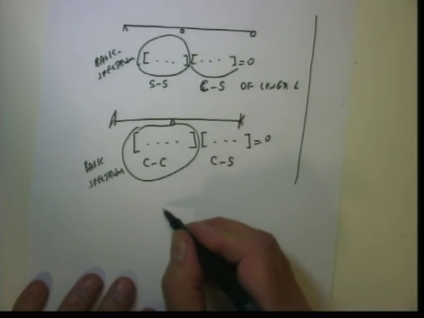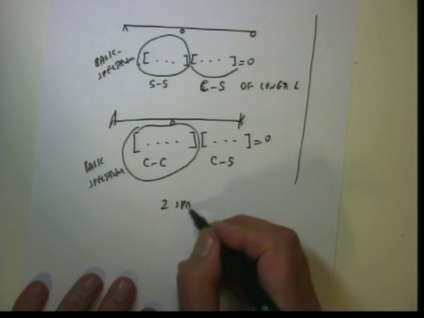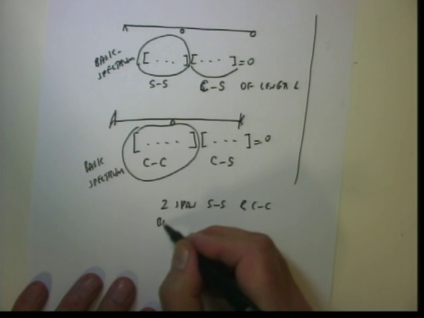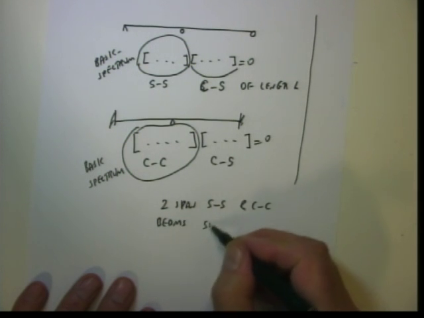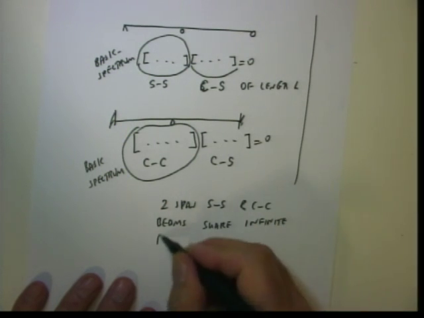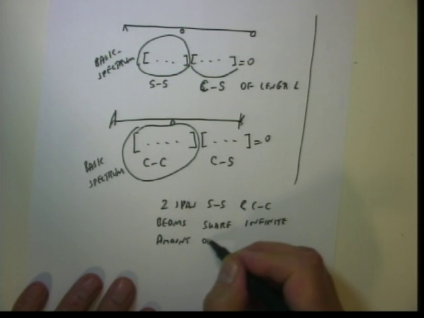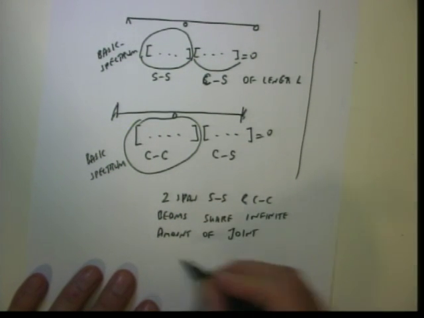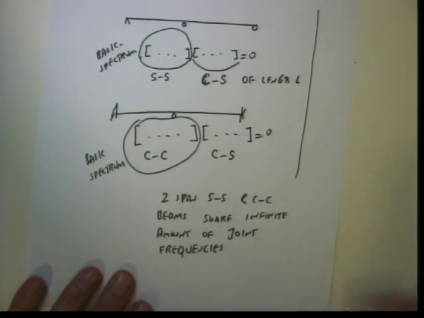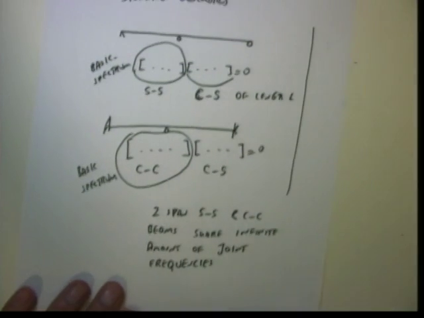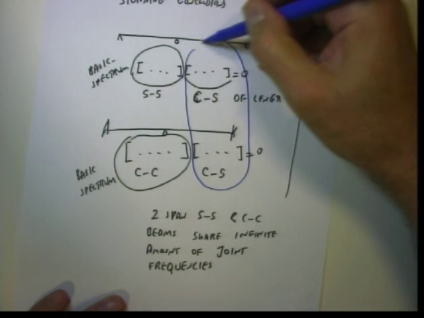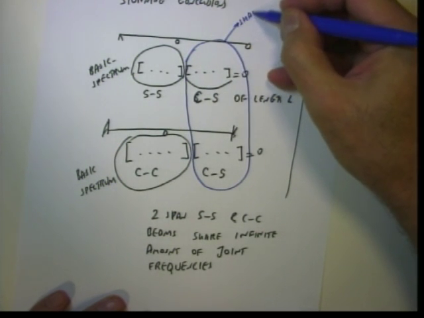Now, what we are obtaining is as follows. Two span simply supported and clamped beams share an infinite amount of joint frequencies. And these are these ones. Okay, these they share. So that is shared frequencies.